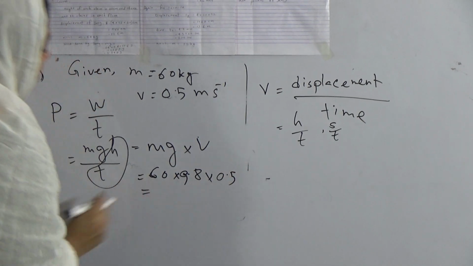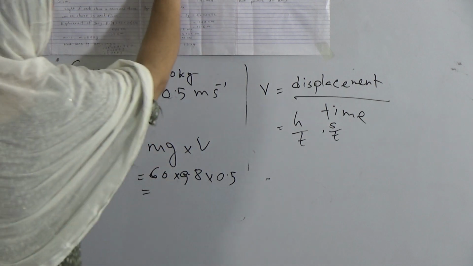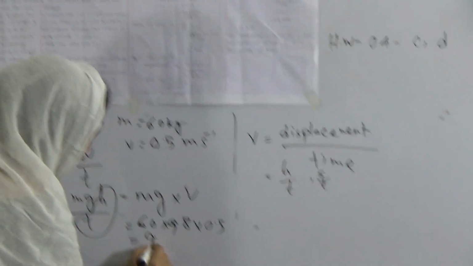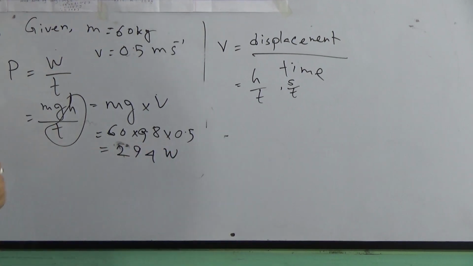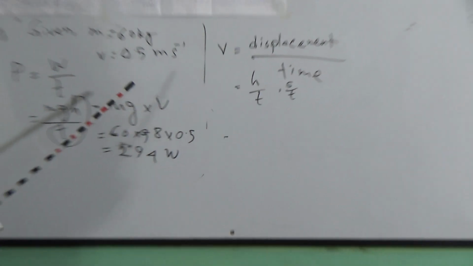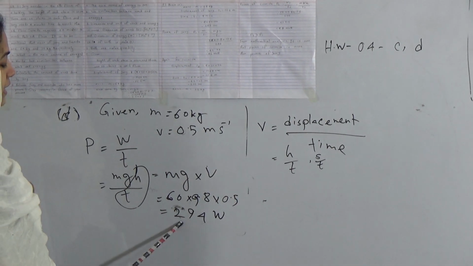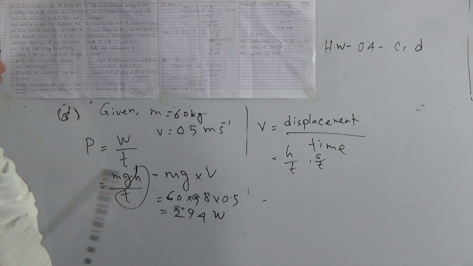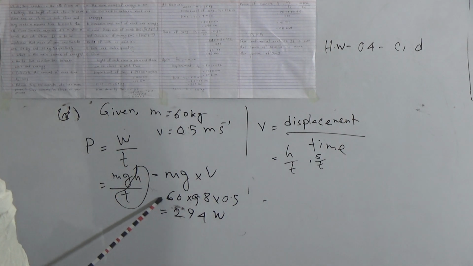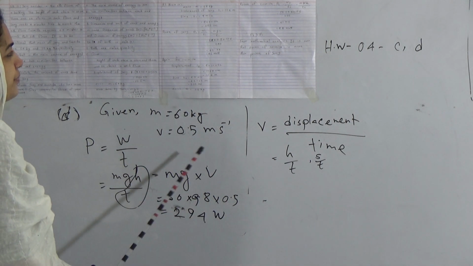By doing this calculation we will get 294 watt. So the power of the boy is 196 watt and the power of the young man is 294 watt. That means from this calculation we can say that the power of the young man is greater than that of the boy.